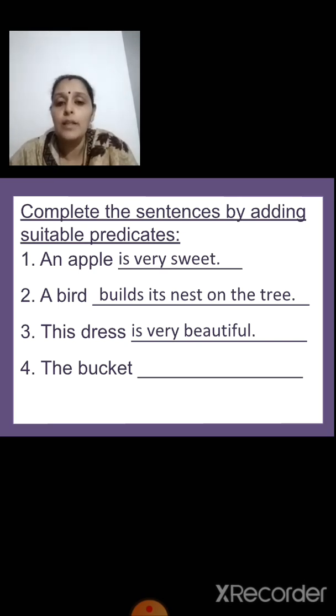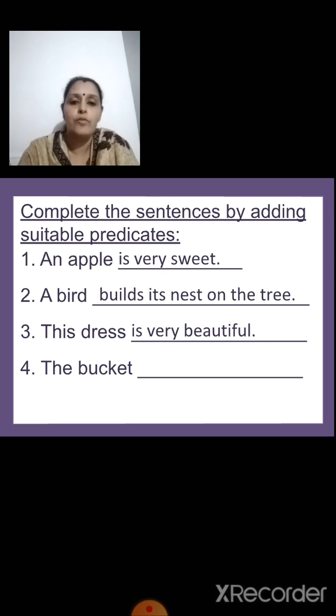Now the next one, the bucket. Now just tell me, what will you write here? Yes. Shall we see what I have written? The bucket is full of water. You can also write the bucket is empty.